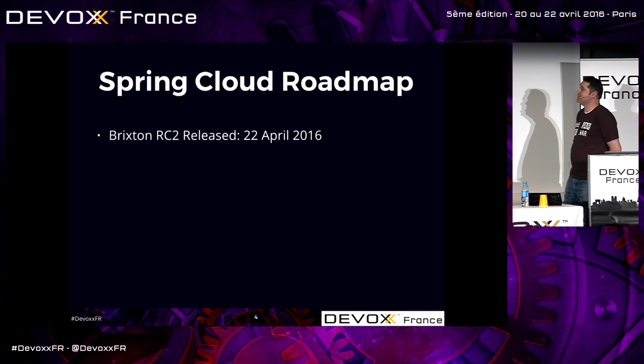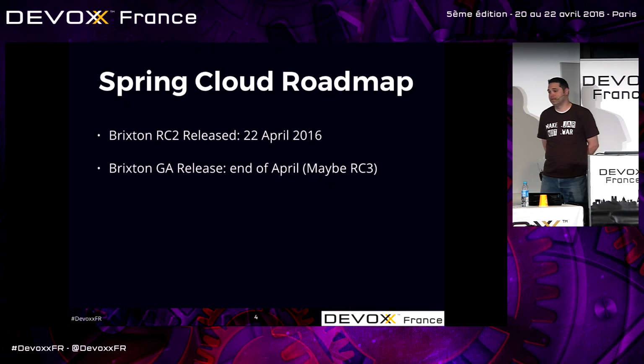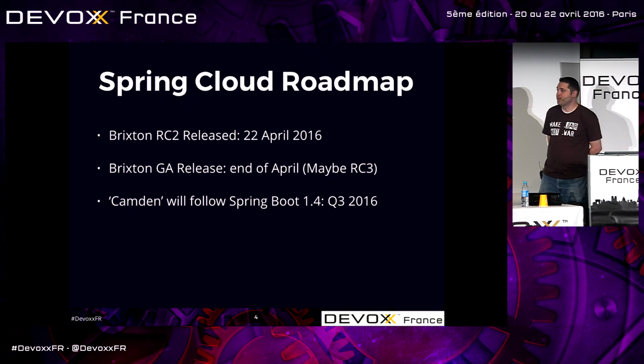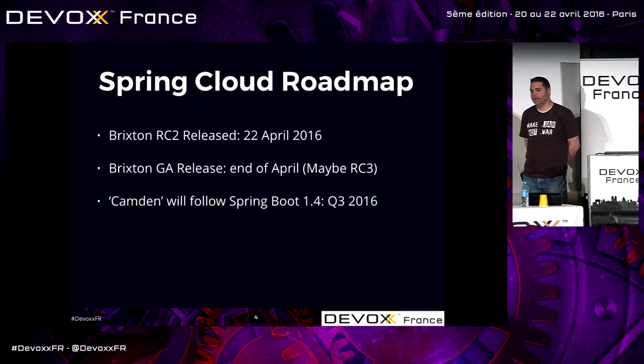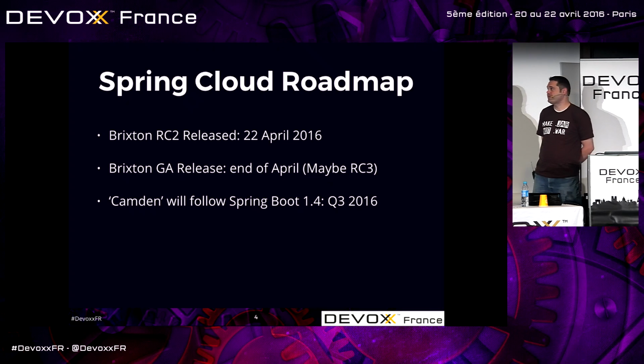We plan on hopefully getting to our general availability release at the end of this month. We may do another release candidate, we're not sure, but hopefully that'll come soon. We'll have a release Camden that will follow Spring Boot, so that will include Spring 4.3 and Spring Boot 1.4 sometime later this year.